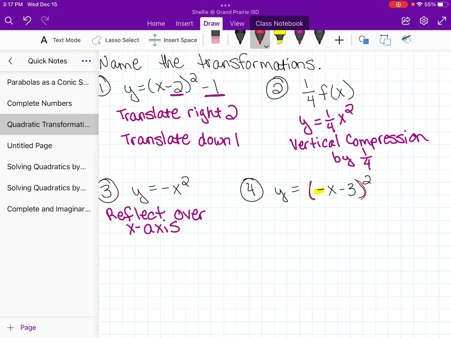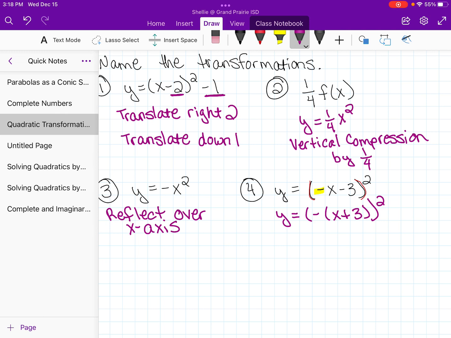Whenever that happens, the first thing you want to do is factor. You don't want to leave that negative chilling with the x. So let me show you what that means. The first thing I'm going to do is factor it. So y equals negative x plus 3, and all that is squared. What I did is I factored out -1.